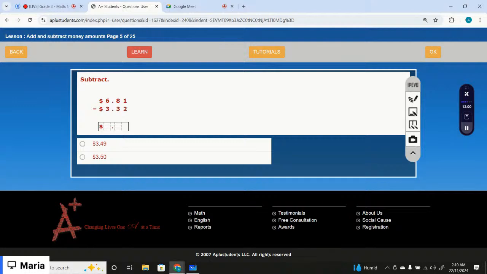The next one is 6.81 minus 3.32. So which is the correct option?